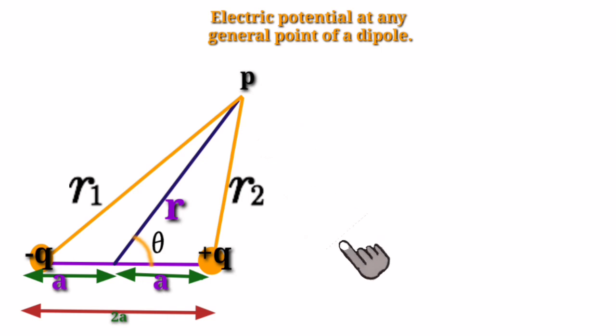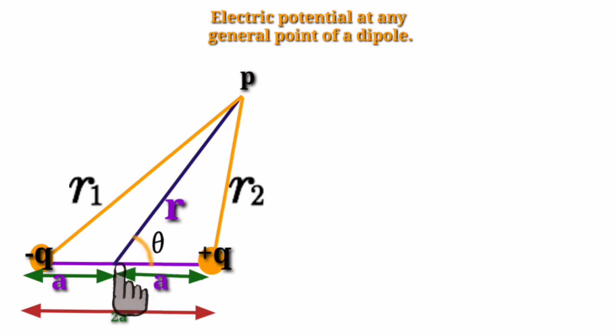We will derive this equation in two different ways. Now, the first method. Here, we consider that the length of the dipole is very much less than the length of the line joining the point P and the center of the dipole.